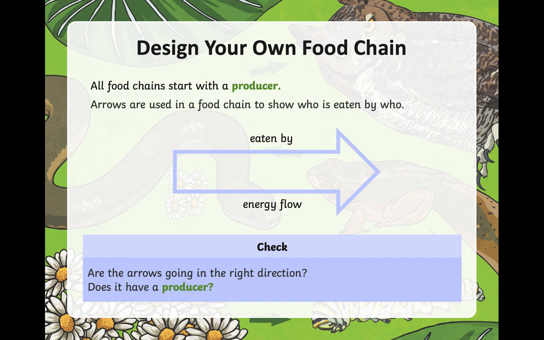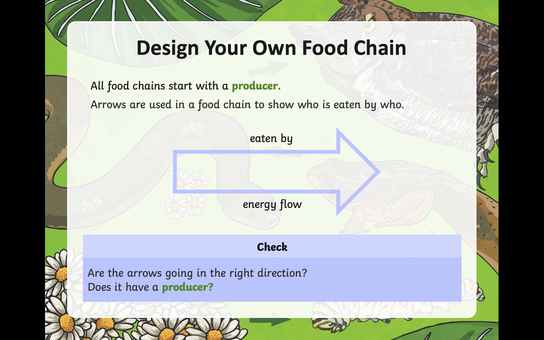So the first one is eaten by something. So it indicates the direction of the energy, or the energy flow. Okay? So all food chains obviously start with a producer. So they always start with a plant. Okay? Arrows are used in the food chain to show who's eaten by who.